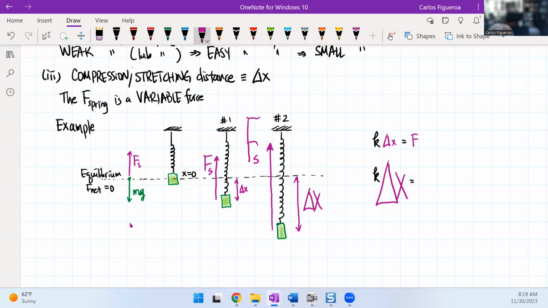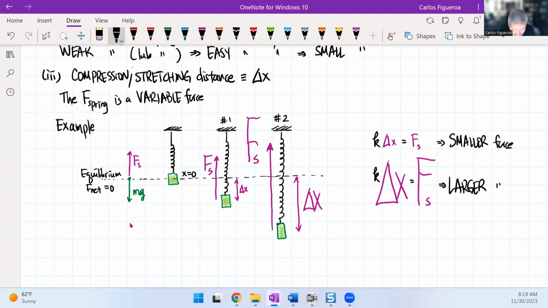This one is a smaller force. This one is a larger force. So it depends on the distance that you pull it down.